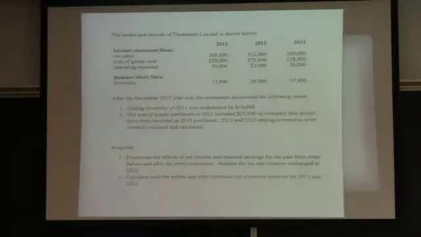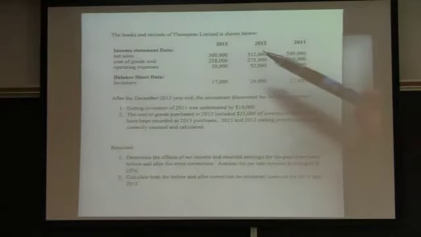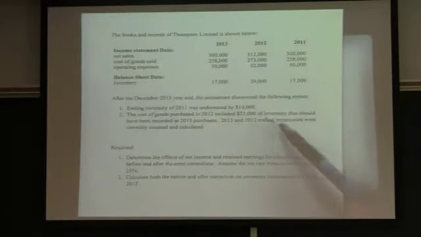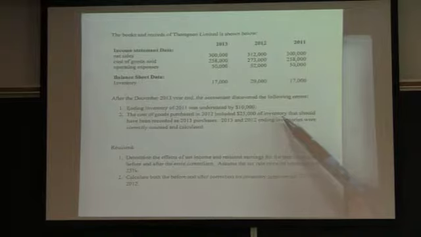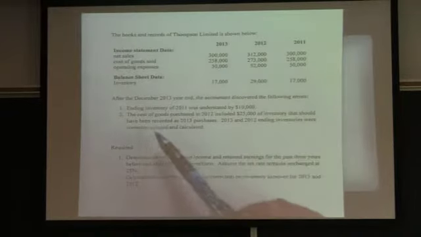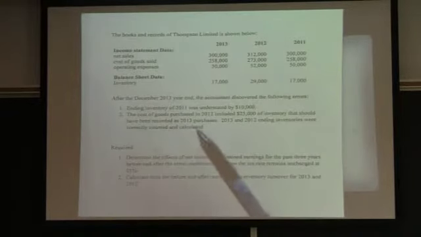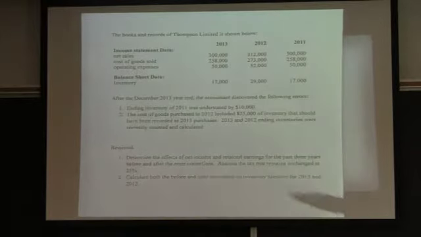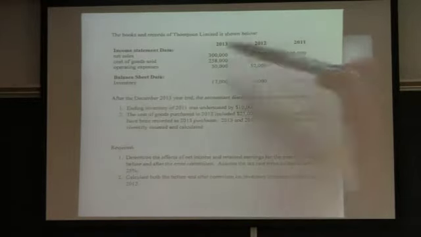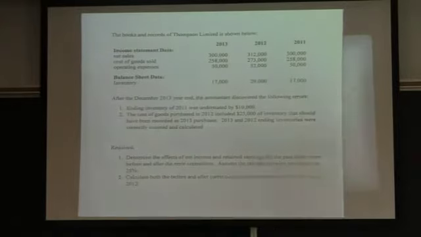And the second error is the cost of goods purchased in 2012 included 25,000 in inventory that should have been recorded as a 2013 purchase. So they obviously recorded a purchase in the wrong year. They recorded it in 2012, but they should have recorded it in 2013.